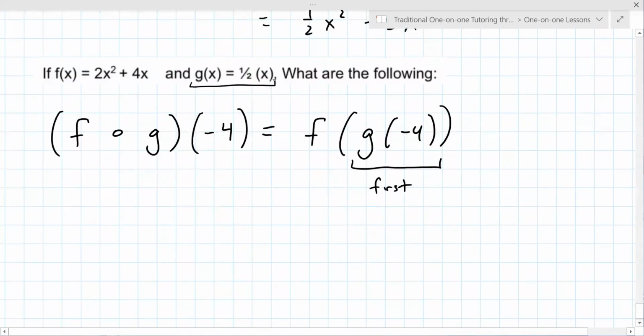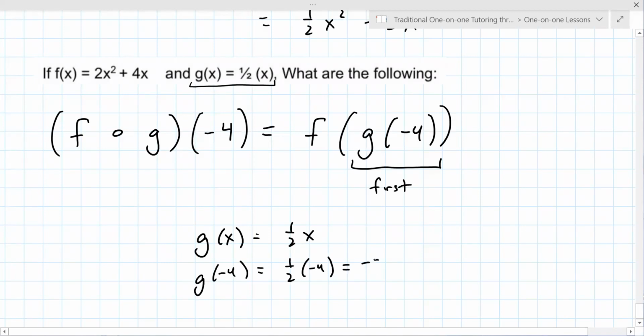Here's g of x: g of x equals 1/2 x. You want g of -4, so you put -4 in for x. What does that equal? -2. Excellent. So now, instead of g of -4, it's really f of -2, because g of -4 is -2.